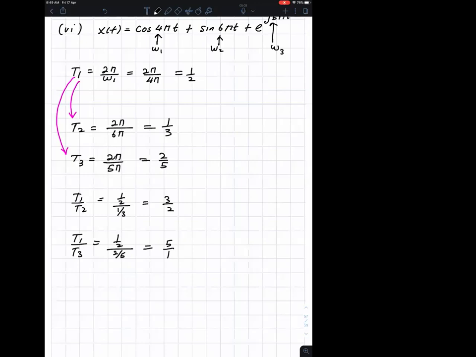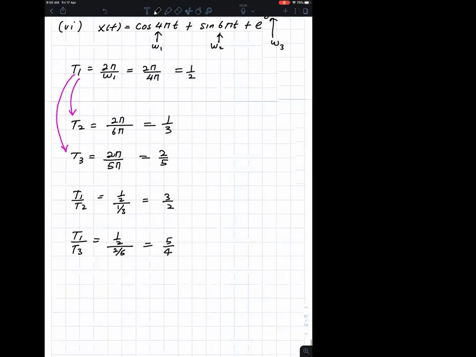Those are both rational numbers. Is T1 over T3 5/4? Yes, 5/4. So T1 over T2 is 3/2. T1 over T3 is 5/4.